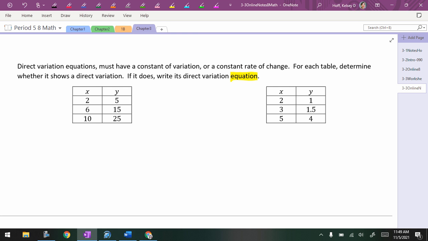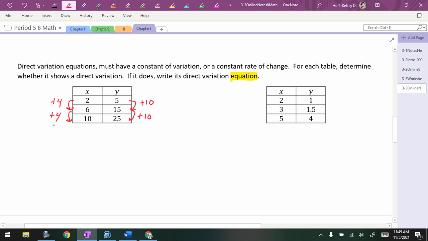If I want to figure out if we have a constant rate of change from a table, we're looking at the swoops. 5 to 15 is plus 10. 15 to 25 plus 10. 2 to 6 plus 4. 6 to 10 plus 4.